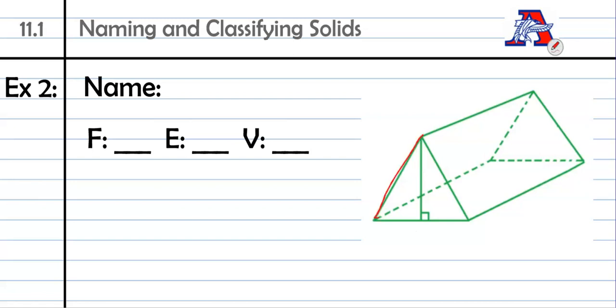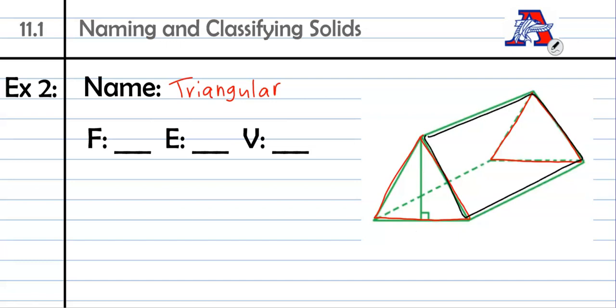What it is is something that has triangular bases. Those are our bases. So it's triangular. And then see how it has rectangle sides? 1 rectangle, 2 rectangles, 3 rectangles. So it has rectangular sides. So it's a triangular prism.